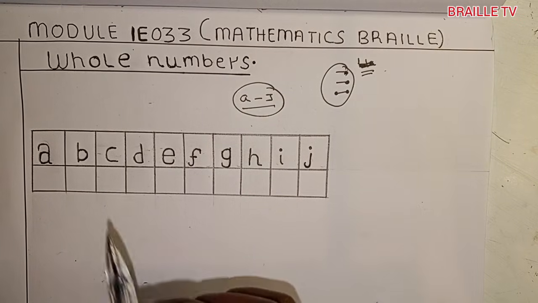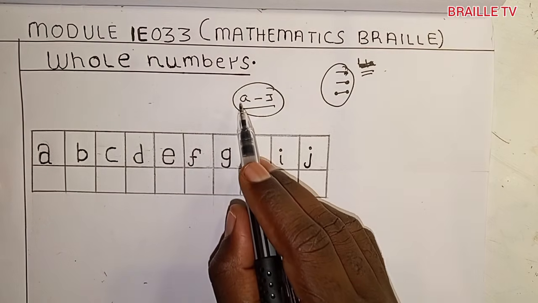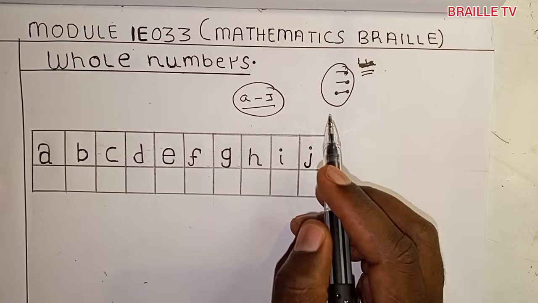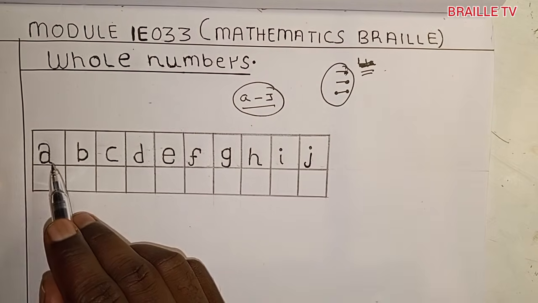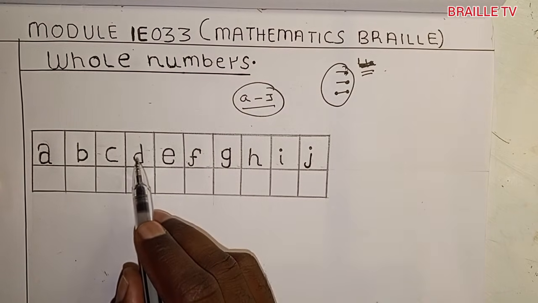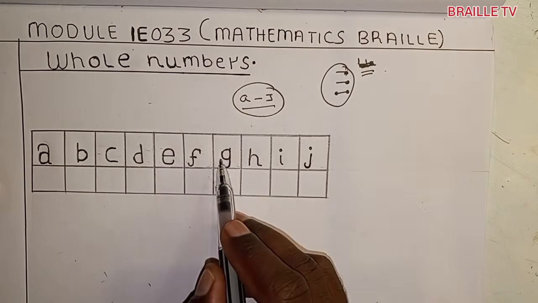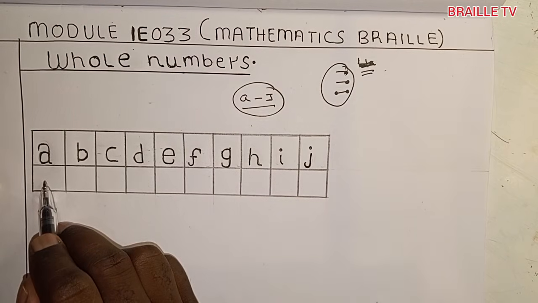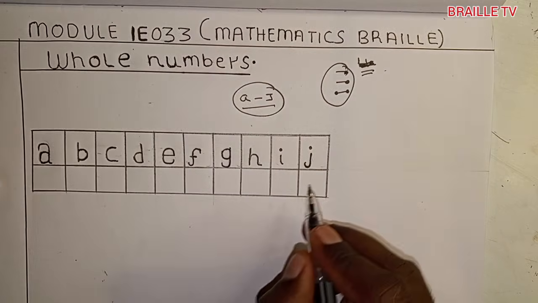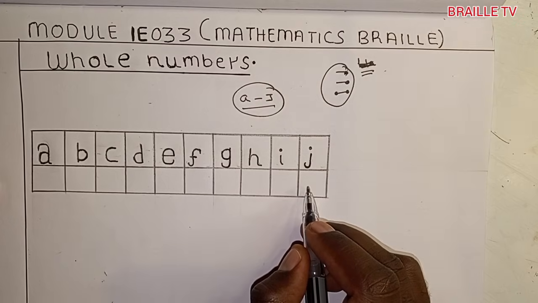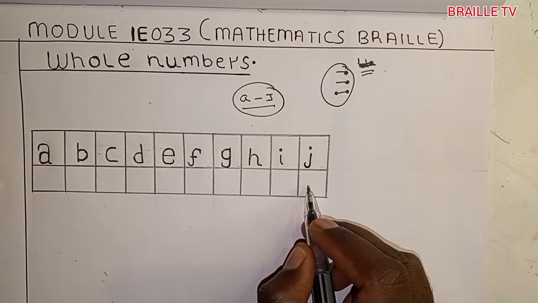So, as I said, we use letters A through J to denote numbers. Therefore, we have the letters of the alphabet A up to J: A, B, C, D, E, F, G, H, I, J. We start from A, which is 1, and the last one, J, represents 0.